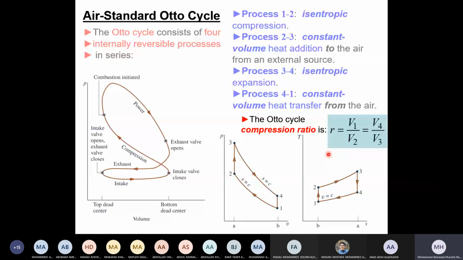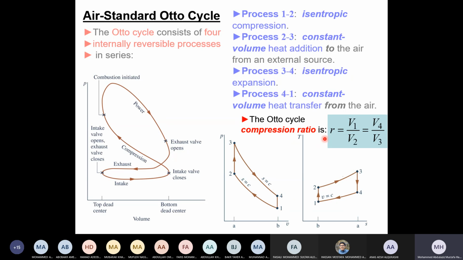I'm sure that all of you agree that the gasoline engine R is around 10 or so. The diesel engine is more than that. It goes to 15, 16, and more than that. So the compression ratio in diesel engine is much more than in gasoline engine. Gasoline engines are the spark ignition engines, and diesel are the compression ignition.